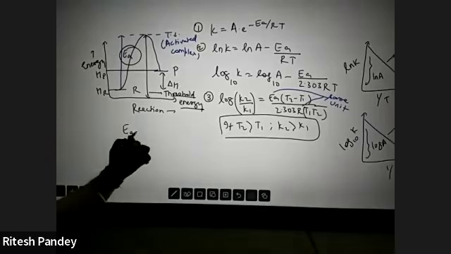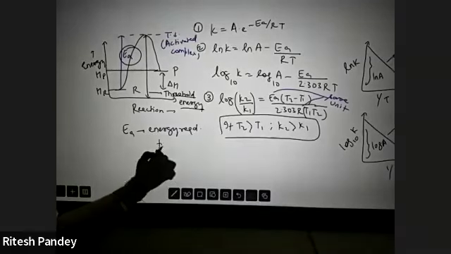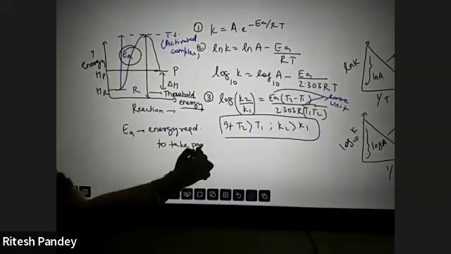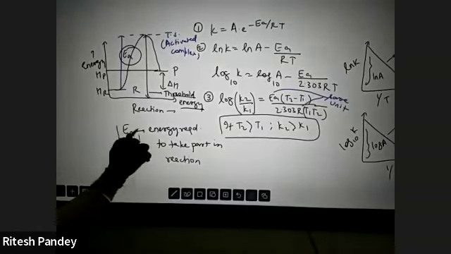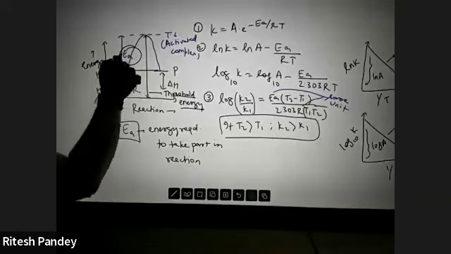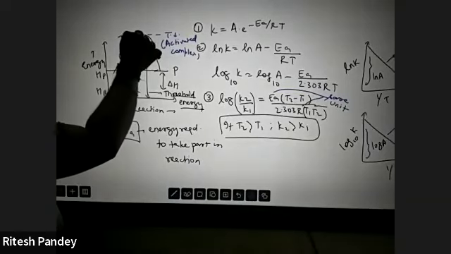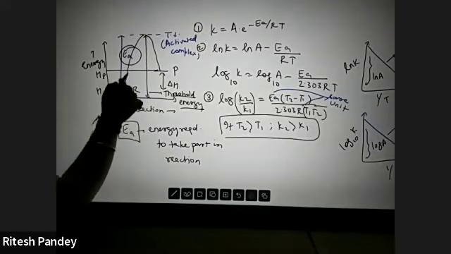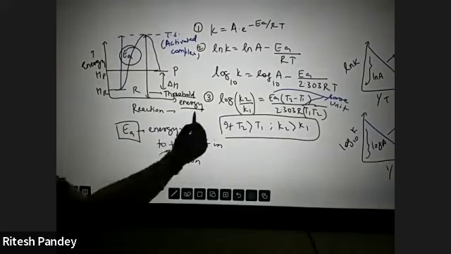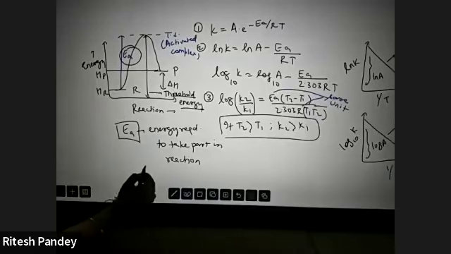Yes, sir. Basically, there is energy required to take part in the reaction. And you would have heard me speaking this language exactly in the same manner. Hey, this is the energy barrier. It needs to go till this point and then it's downhill. ये energy जितना molecules के पास रहेगा, उतना molecules will take part in the reaction. What is temperature? Temperature is a measure of the energy content of the system.